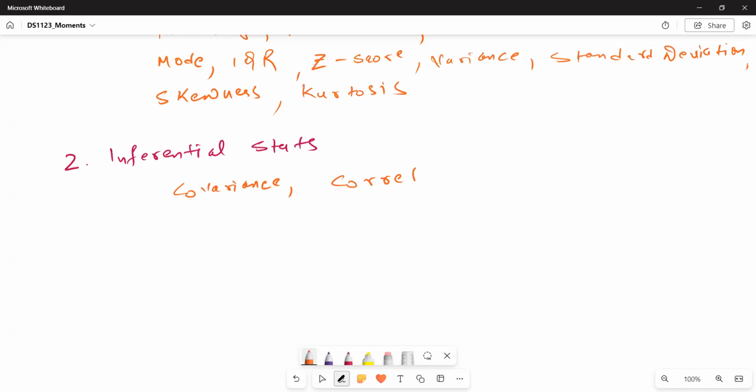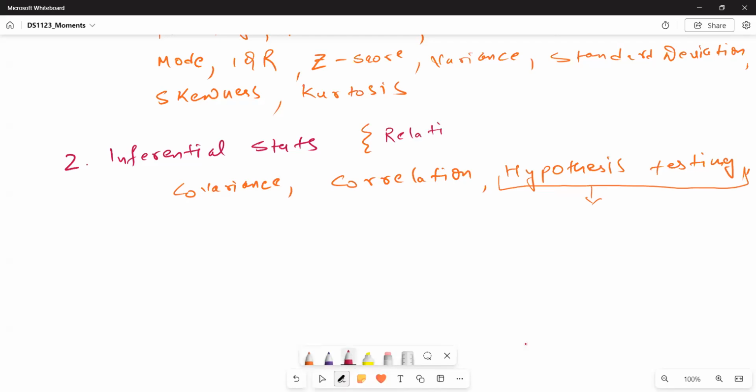We have correlation. We have various types of hypothesis testing, right? You'll learn this in advanced statistics in your machine learning journey, right? So inferential statistics, just to give you this overview, is majorly about understanding the relationships between features.